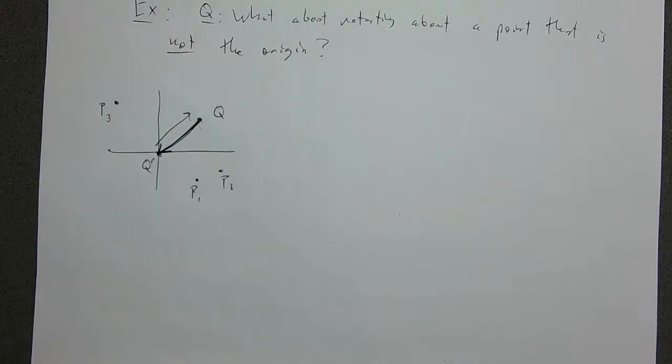Does this work? Is that combination of transformations going to take all of these points to where they should go, as if I was just rotating about Q in the first place? And the answer is yes.